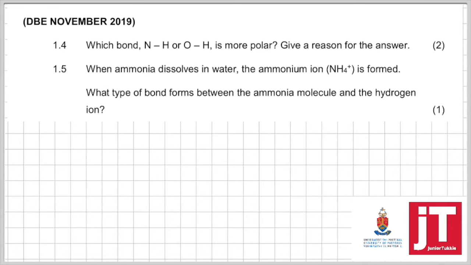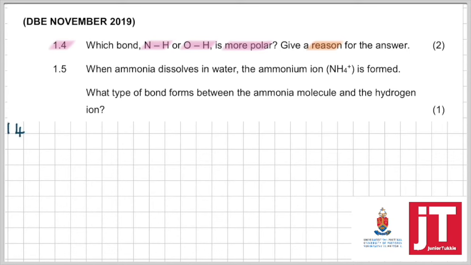For writing this down, you obtain 1 mark. Question 1.4 says, which bond, the bond between nitrogen and hydrogen, or the bond between oxygen and hydrogen, is more polar? Give a reason for your answer. In order to solve this problem, we will be required to calculate the difference in the electronegativities of the atoms contained in each bond.